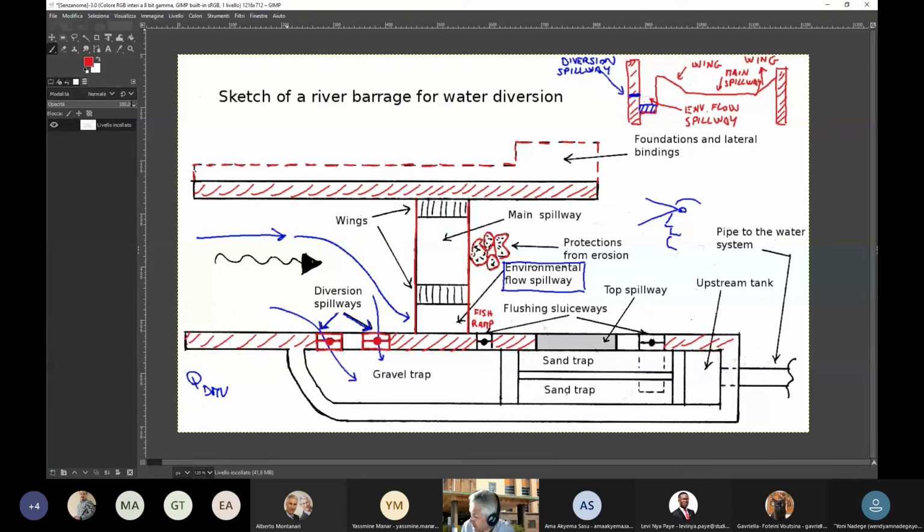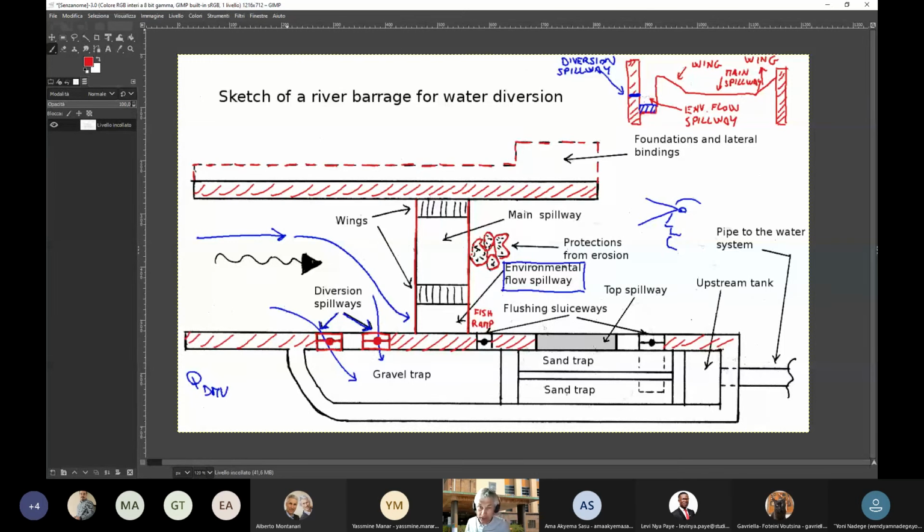The elevation of the lower one is the elevation of the environmental flow spillway. Of course, if you design a barrage with a low elevation, because you put the environmental flow spillway very low, the effect of the barrage is negligible. So this is something that you want to avoid.